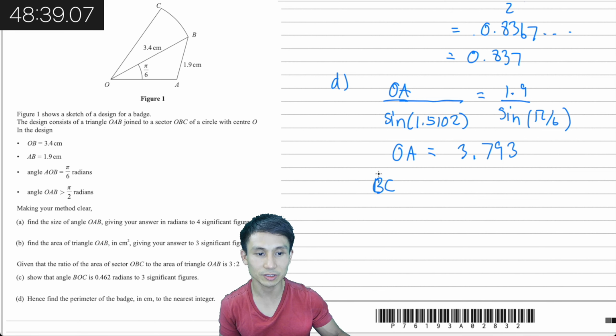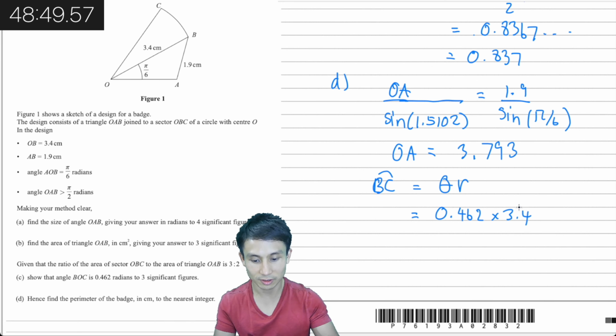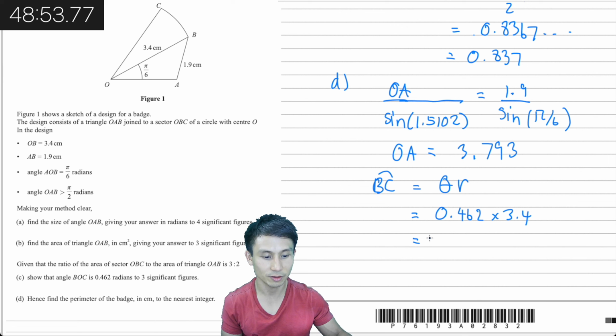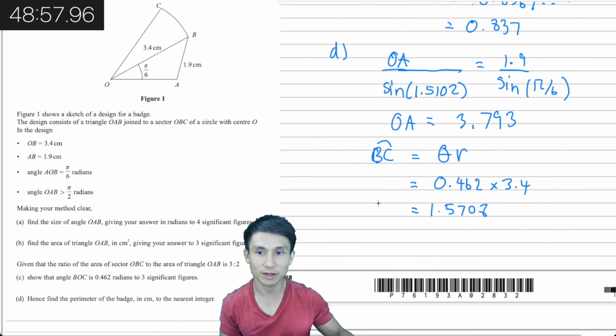Arc BC is going to be theta r. And theta is found to be 0.462 times r is 3.4. 0.462 times 3.4 is 1.5708. And yeah, we're going to find the perimeter now.